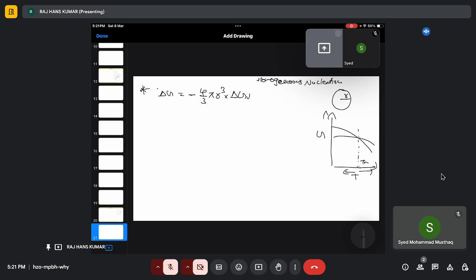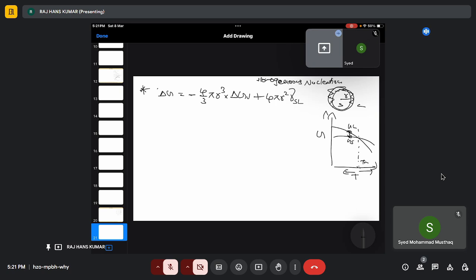Now below Tm, this is my liquid, and this is my solid, and this is the change in energy. It is GL minus GS. Plus, we have to create a new surface area. That will be equal to 4 pi r squared gamma, the surface energy of this sphere. Gamma, let's say solid-liquid, SL.